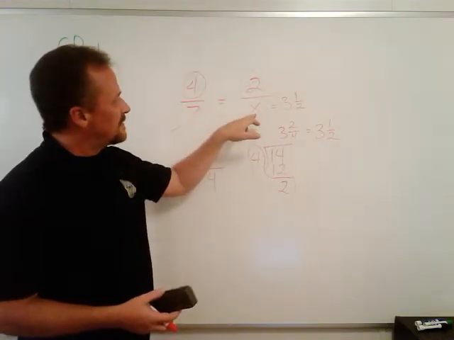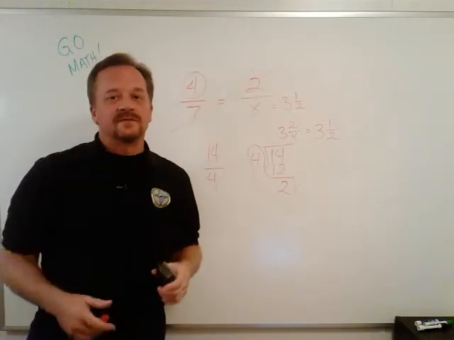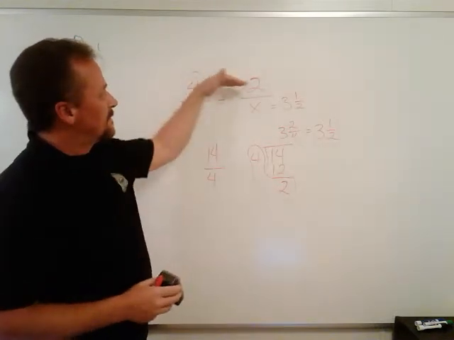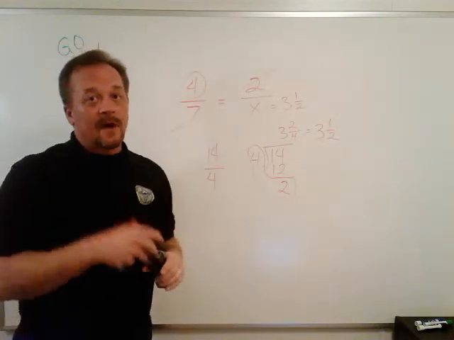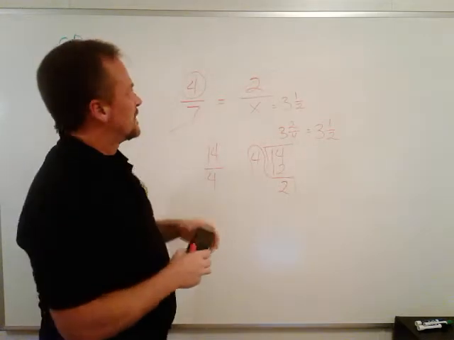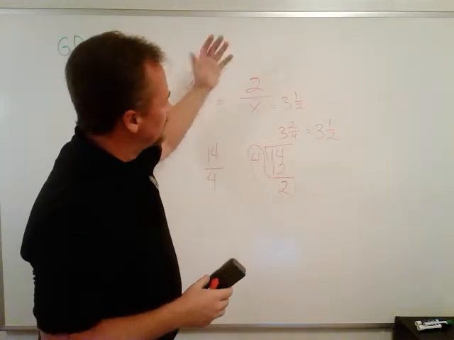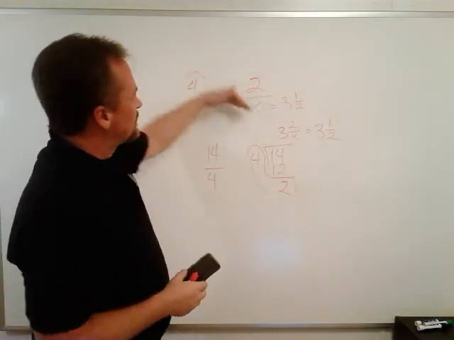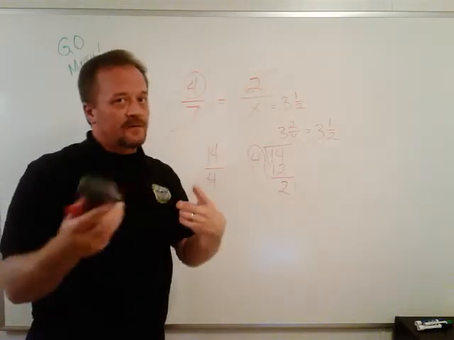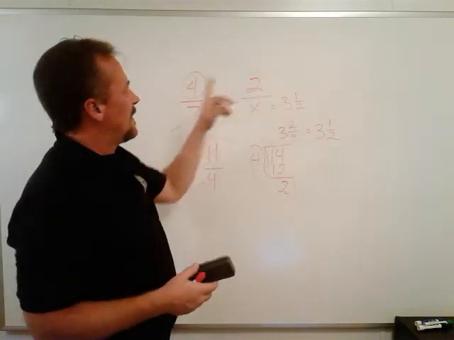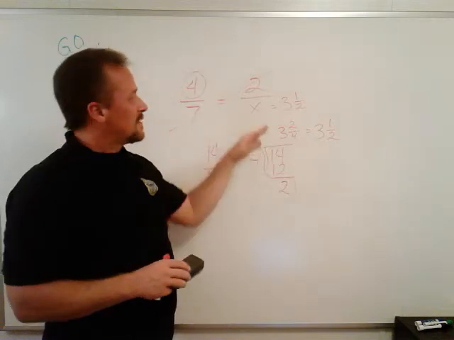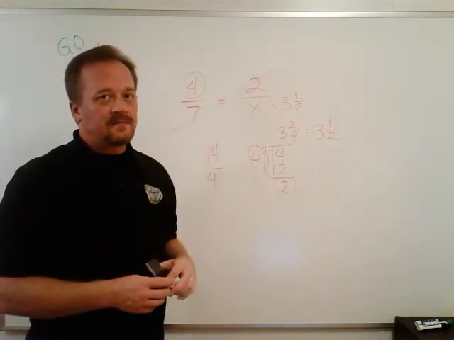If you're missing a value here, now you have 3 different tools in your toolbox. You can either look for a factor that's the same on the top and the bottom, or you can look for a factor that's the same up and down for both ratios, or you can cross multiply, start with the 2 numbers that you can actually multiply, and then divide by the number that's left, and that will give you the value of x. Okay?